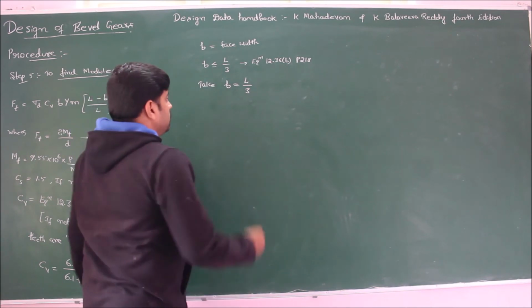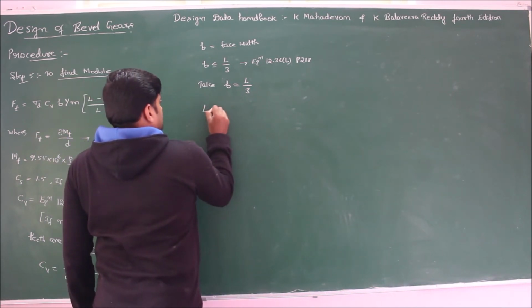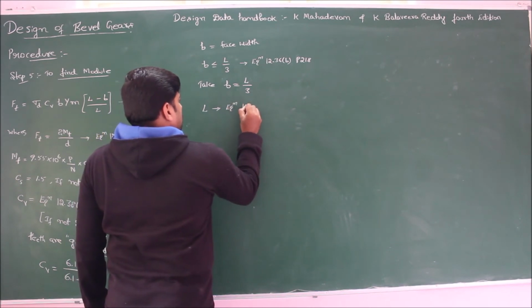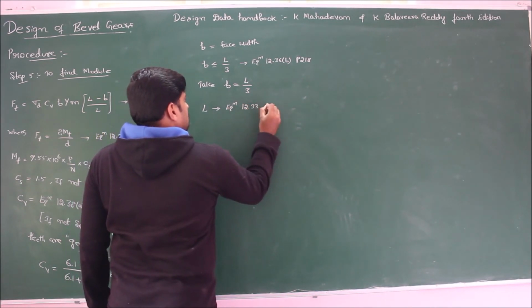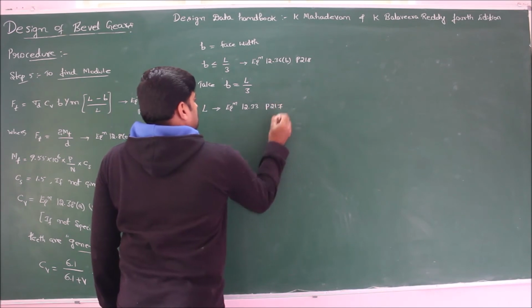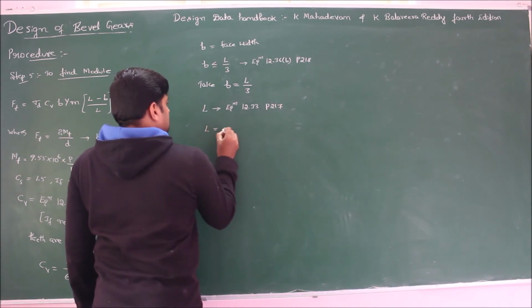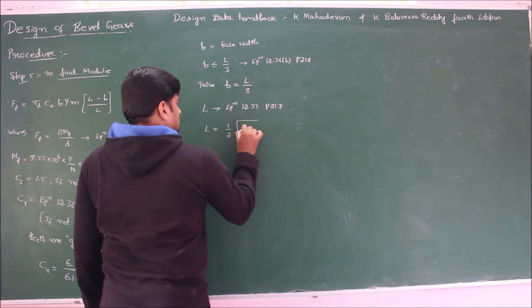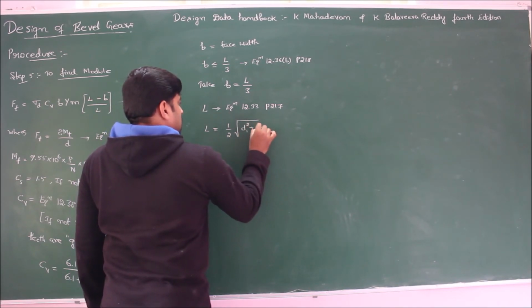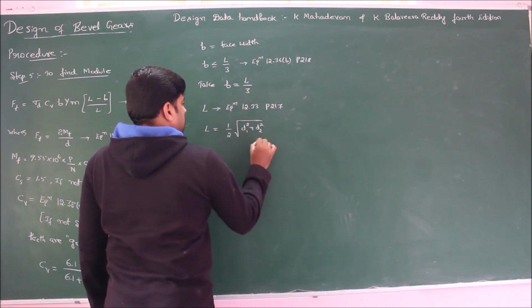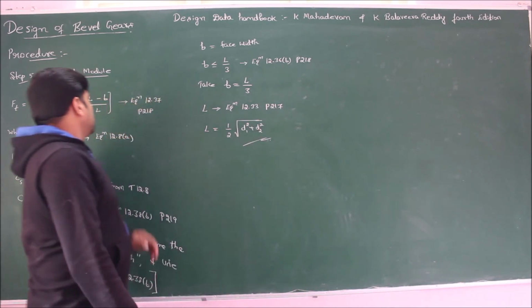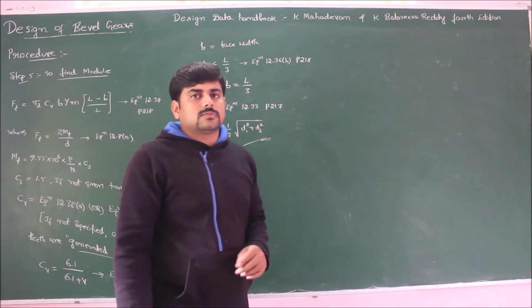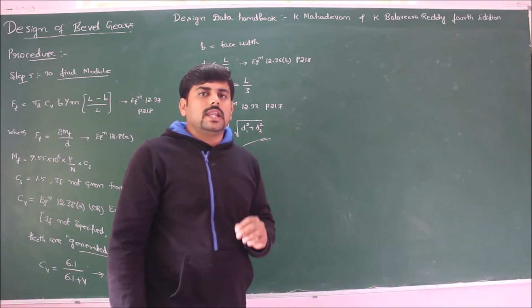Take B is equal to L by 3, where L is given by equation 12.33 of page number 217, which is given by L is equal to 1 by 2 square root of d1 square plus d2 square. And coming for the value of y, we already know that y is given by pi times the small y, where small y is Lewis form factor.